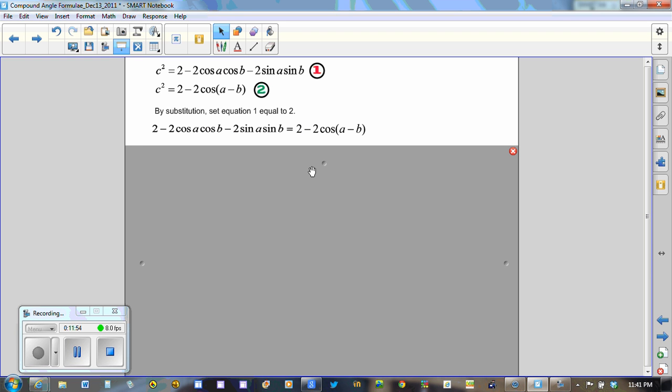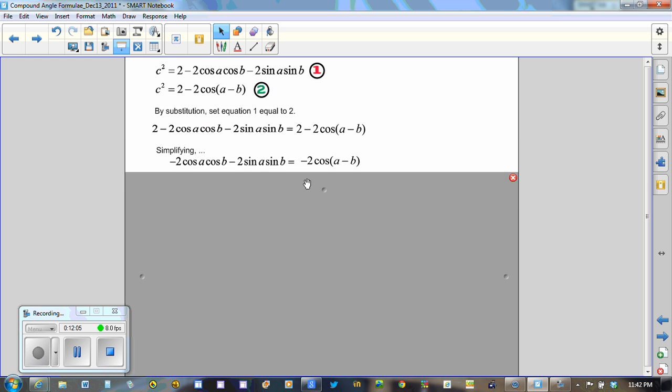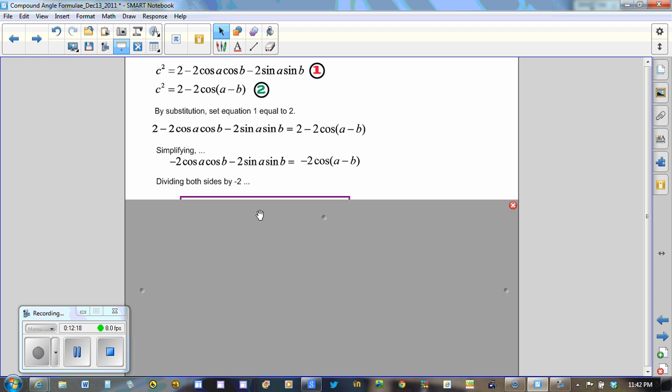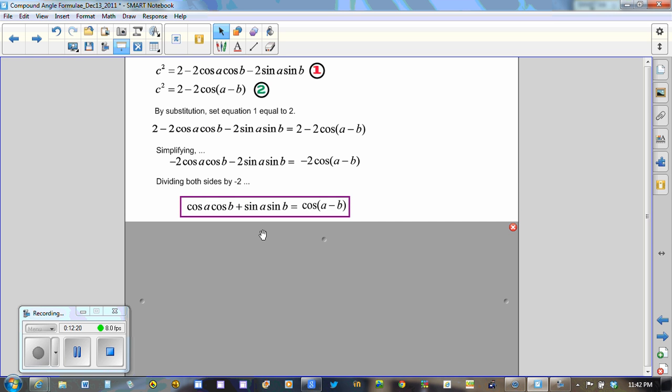Notice now that we can rearrange this and eliminate a term. The 2's we'll subtract out. Also notice that negative 2 can be factored from the left side and then divided out entirely from the equation, dividing both sides by minus 2. And in doing so, we end up with the formula that was given to us at the onset of this video.